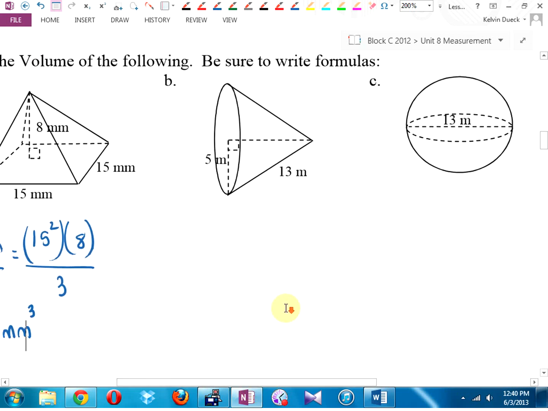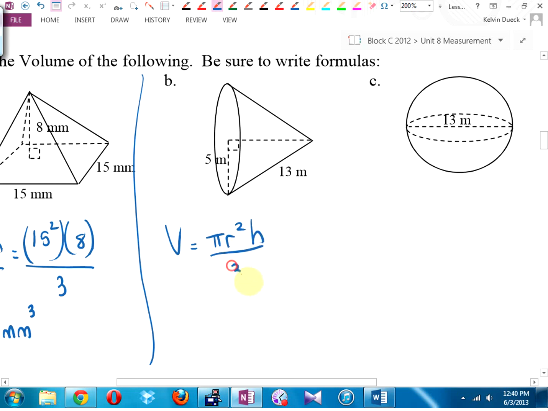B. This cone has been flipped sideways, so just imagine it laying flat without me redrawing it, please. Pi r squared h over 3 equals pi times 5 squared times 13 over 3. Do that one in your head?